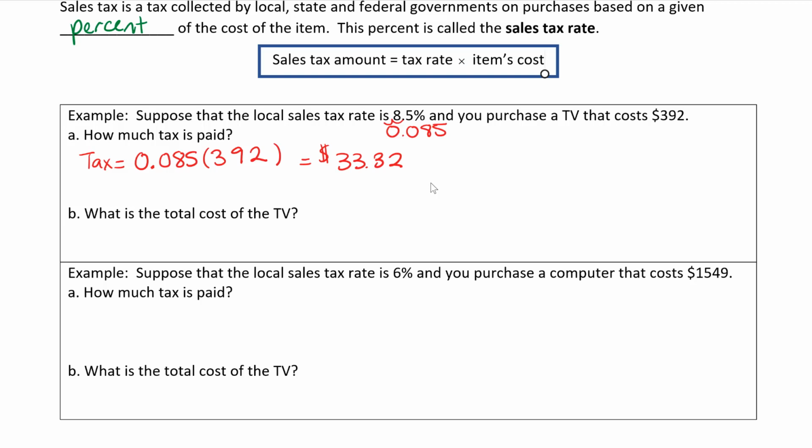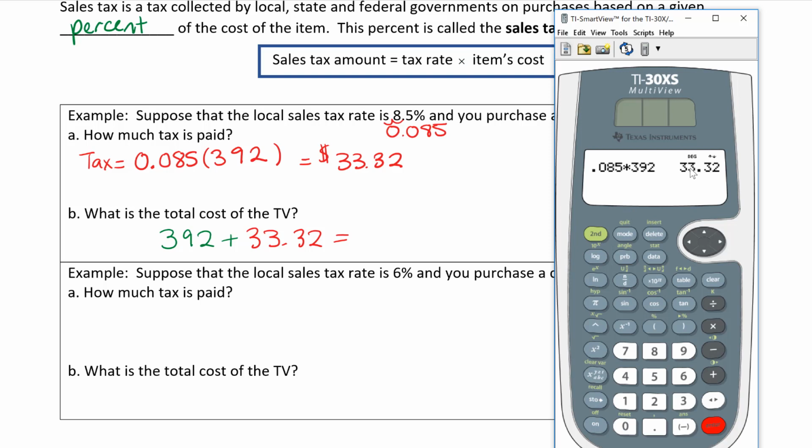Now, what is the cost of the TV? Well, we already know that the TV costs $392, but you're also going to have to take that $392 plus you have to pay the local sales tax, which is 33.32.